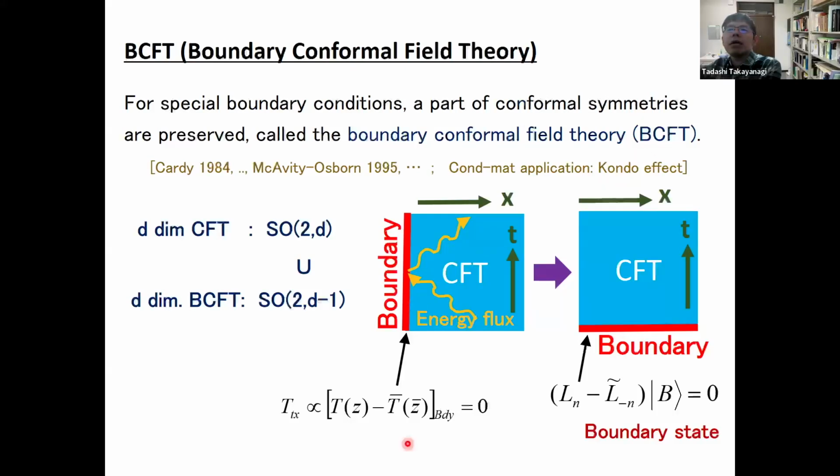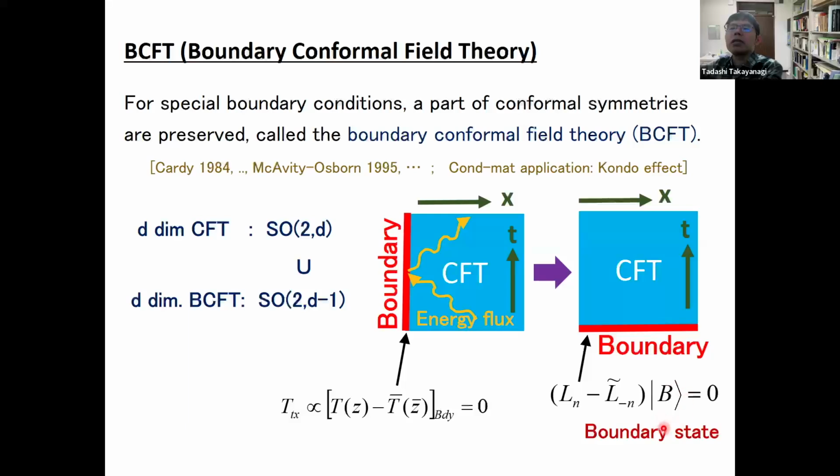In other words, at the boundary we impose this reflective constraint. T is the left-moving and right-moving energy: the difference of the left-moving and right-moving stress tensors is 0 at the boundary. This actually gives this symmetry. And also, if we take a Wick rotation, as I mentioned in the beginning, then this is time and this is space. This defines quantum states, called boundary states or Cardy states, and they satisfy this condition in Virasoro language.